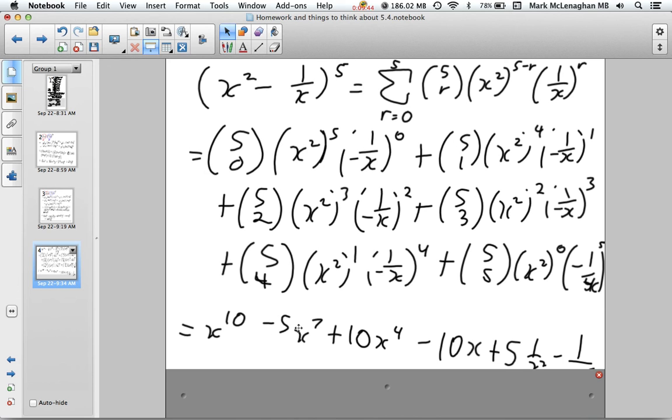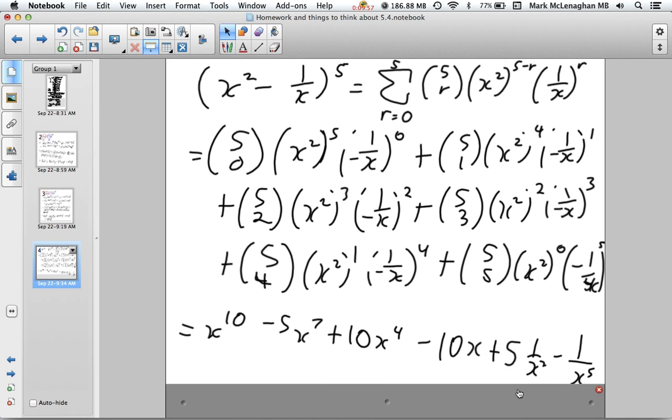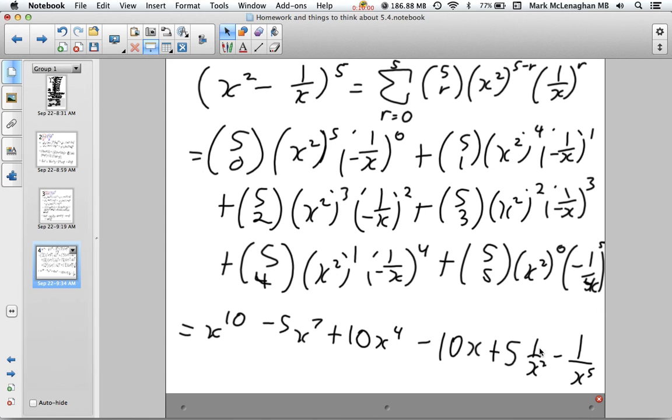So we have a negative, and then adding the exponents, we get x to the 7. We have 10x to the 4th, and negative 10x, then 5 times 1 over x squared, and then negative 1 over x to the power 5.